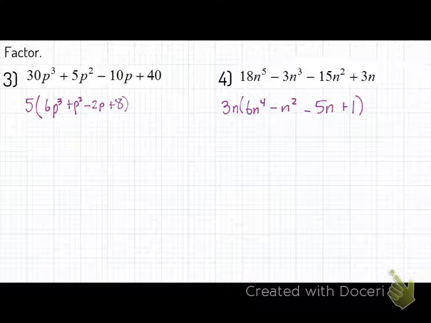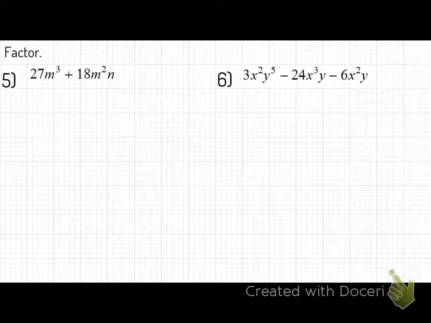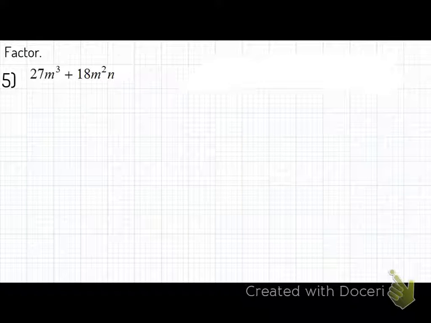Next one. Number 5. Okay. All right, kids. So on this one, what's the GCF? 9m squared. Okay, good. 9m squared, right? Because if I look at my two coefficients here, 9 goes in each of them, so we know at least there's 9, and then there's an m in each of these, right?